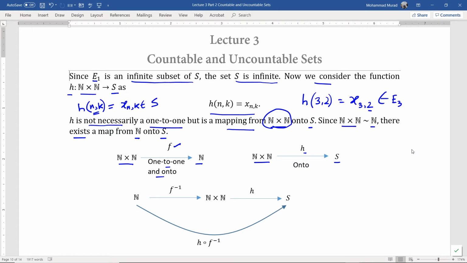There exists a map F inverse from n to n cross n, and we have the map H from n cross n to S. Then we can construct this map H of F inverse from n onto S. This is an onto map.